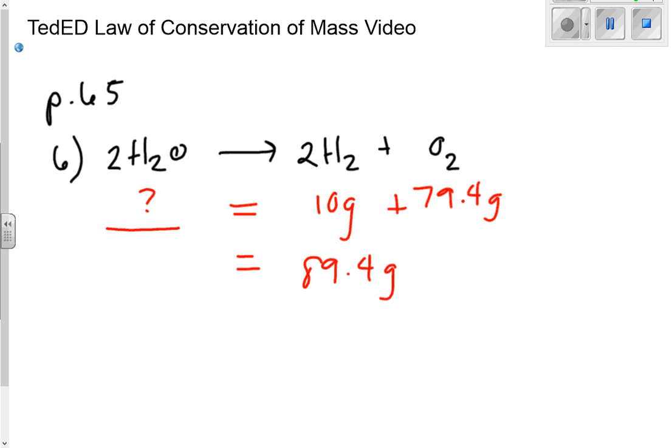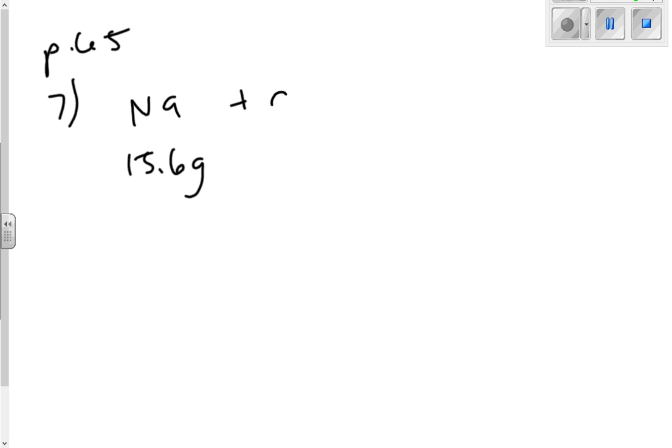Let's try another problem. Go ahead and look at number 7 on the same page. A student carefully placed 15.6 grams of sodium in a reactor supplied with an excess quantity of chlorine gas. And don't worry if you don't know the chemical formulas.